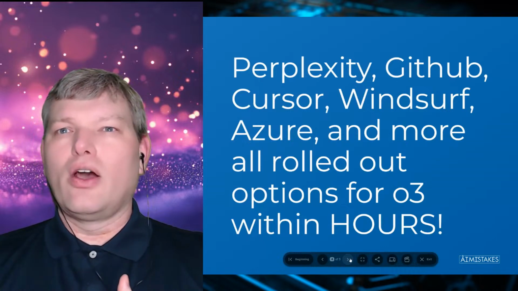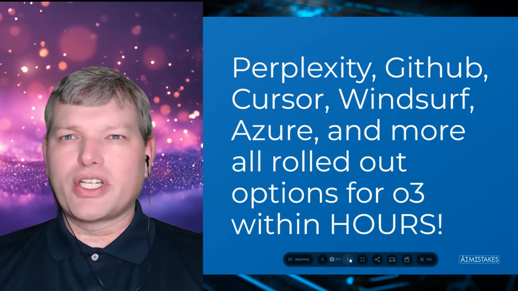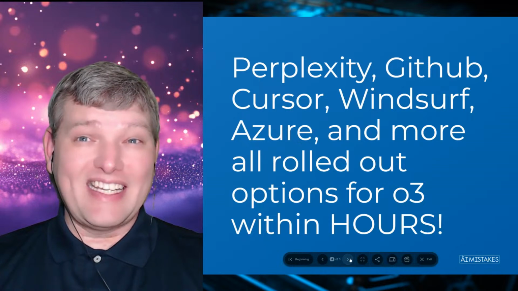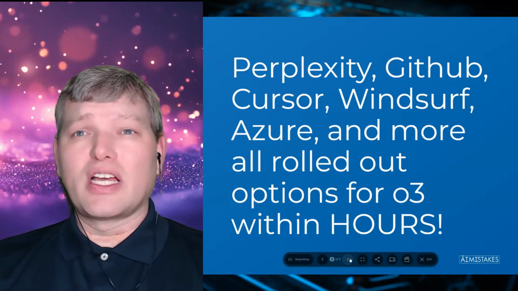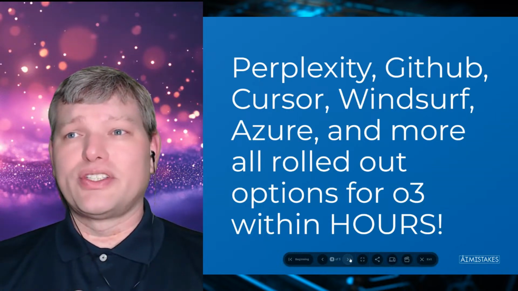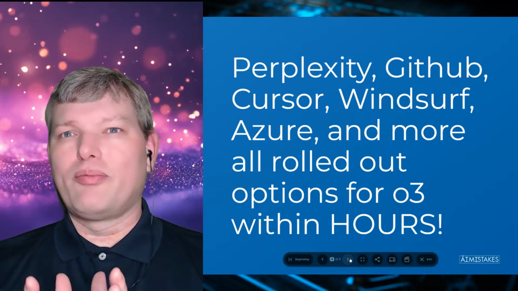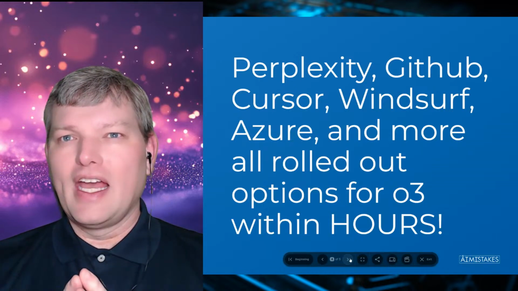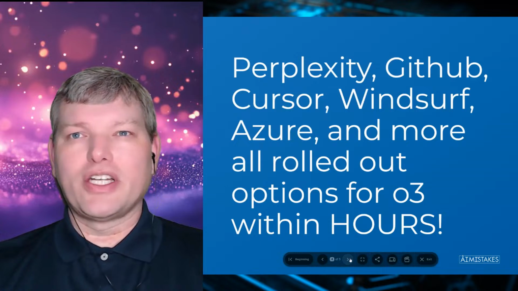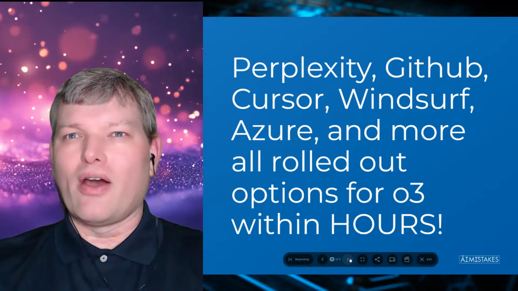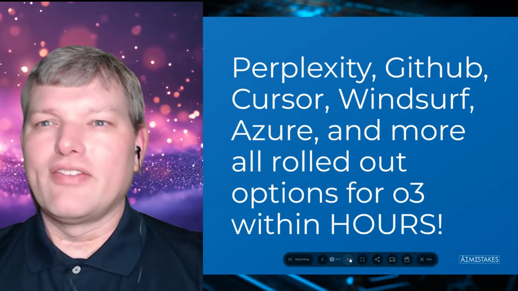If you're doing AI coding, if you're using search capability tools like Perplexity, if you are using cloud AI sources, all of these have been updated to effectively capture and take advantage of O3 in mere hours. So I have to give OpenAI a lot of credit because essentially what we're talking about here is they did a lot of legwork in the background to make this integration, this rollout of o3-mini go lightning fast.